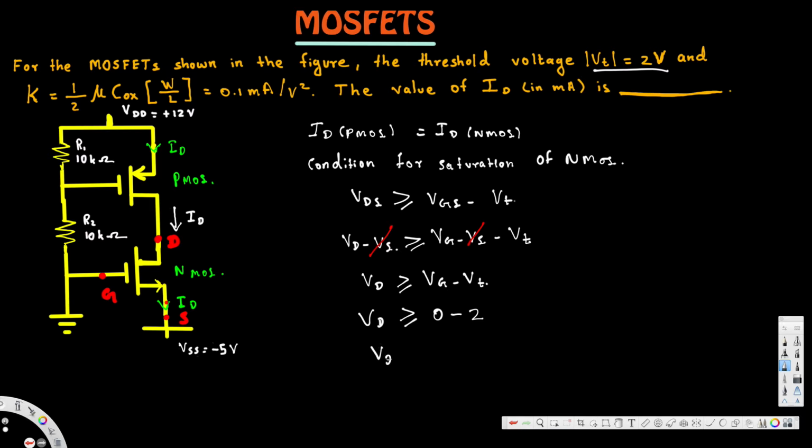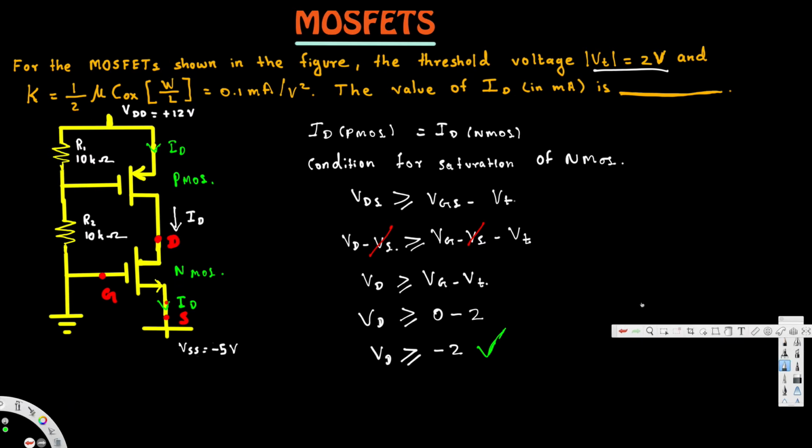So finally we have VD that should be greater than -2. But for an N MOSFET, the drain is always positive. So if it's positive, it's definitely going to be greater than -2. So this is satisfying the condition for saturation, and we can say this N MOSFET is in saturation.